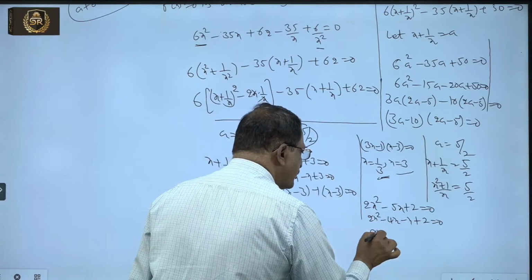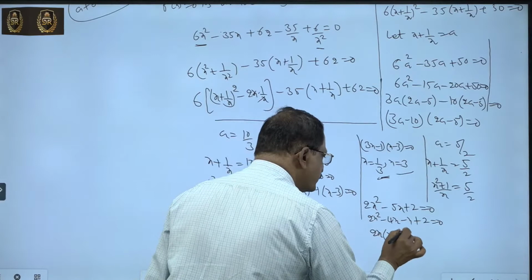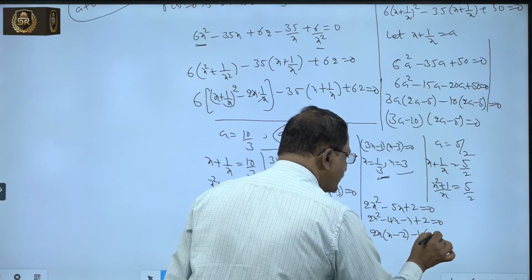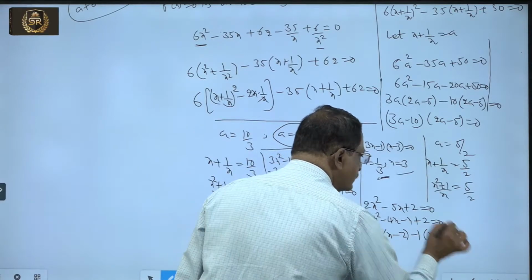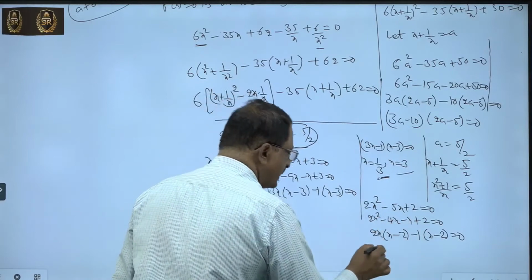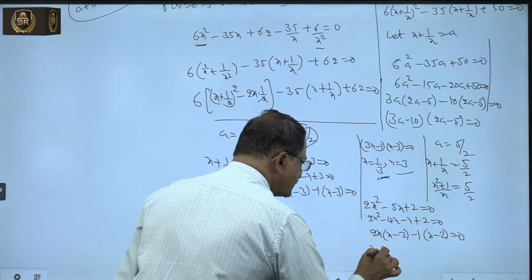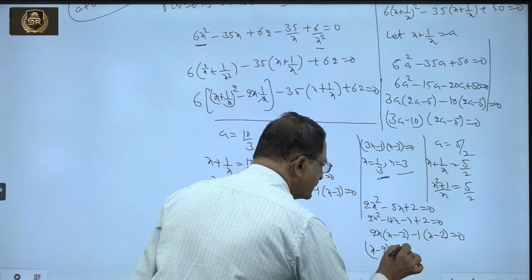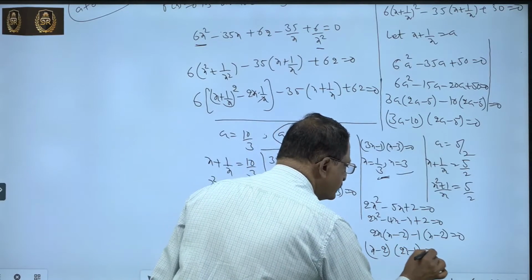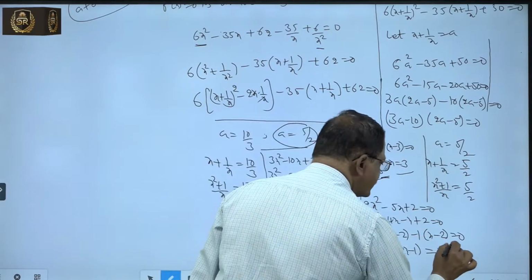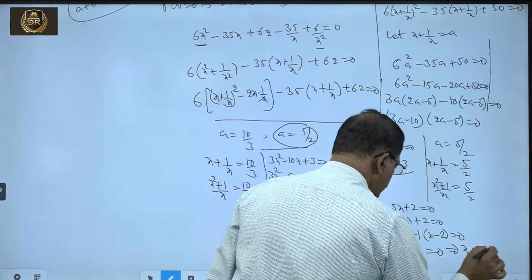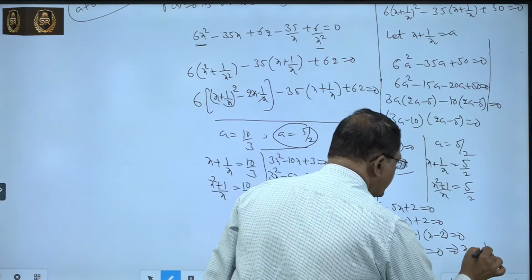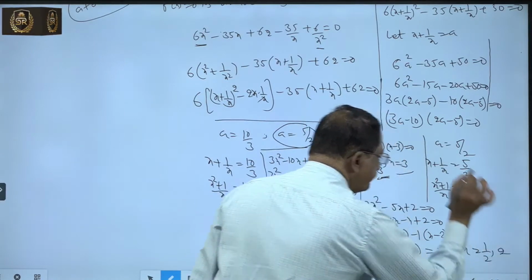Now 2x common, x minus 2, minus 1 common, x minus 2 equals 0. Now x minus 2 again take common, x minus 2 into 2x minus 1 equals 0. This implies x equals 1 by 2 and 2.